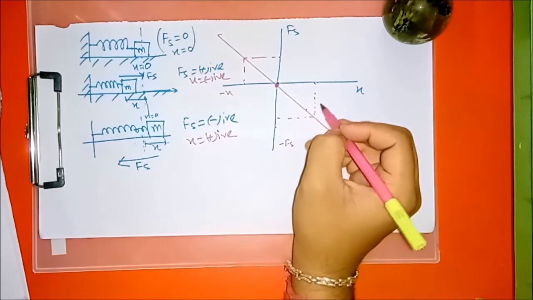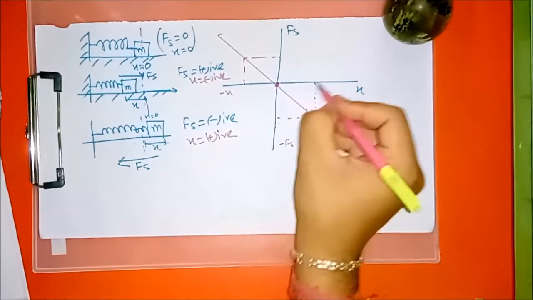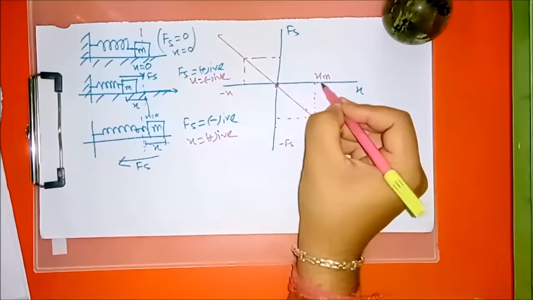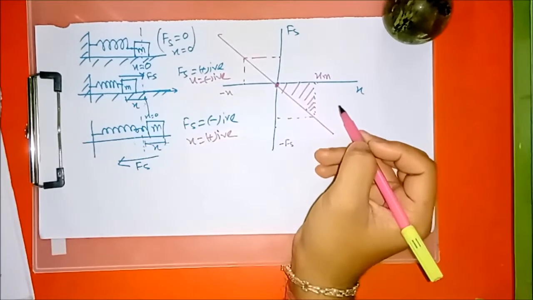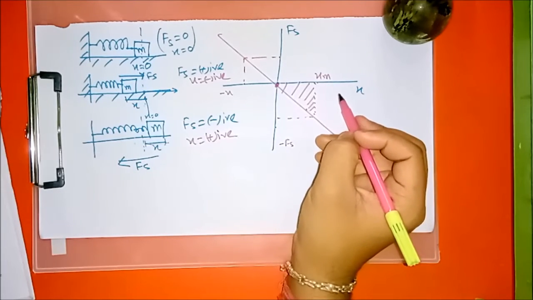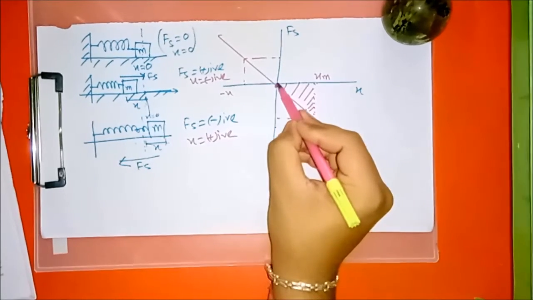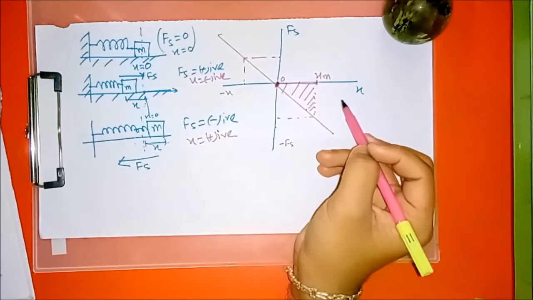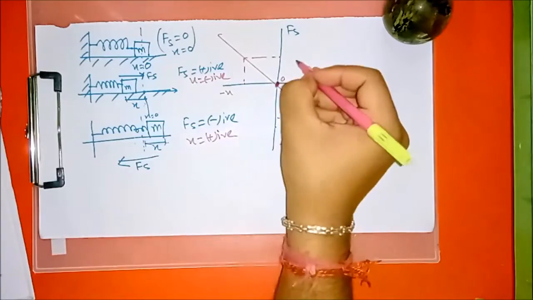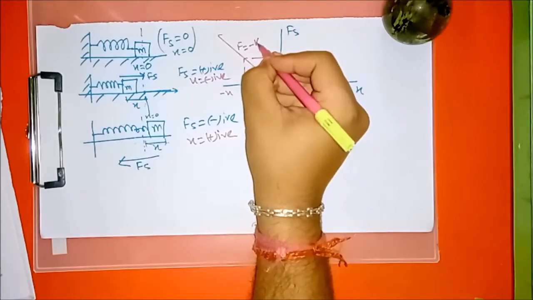So what we are getting is that the area under this curve from 0 to x sub m, the distance over here, the area of the shaded region will give us the work done for moving the object from x equals to 0 to x equals to x sub m, which is also given by the equation F equals to minus kx.